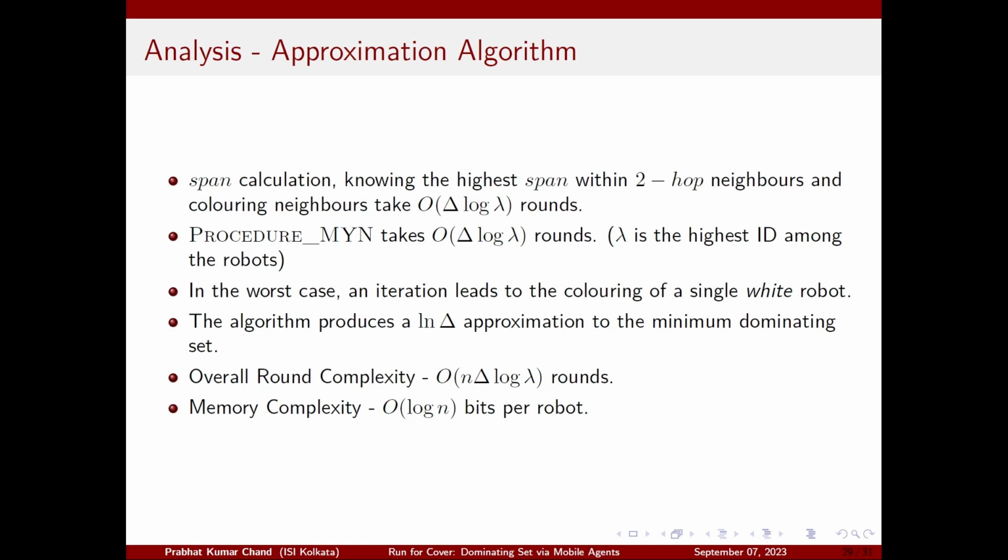Therefore, in the worst case, the algorithm can run up to order of n iterations. With the robots scanning their two hop neighborhoods, the algorithm produces an ln delta approximation to the minimum dominating set, and therefore the overall round complexity comes to order of n times delta log lambda rounds, and the memory complexity remains at order of log n bits per robot.